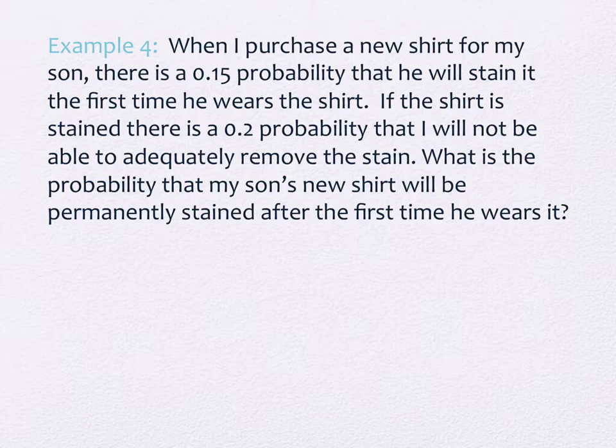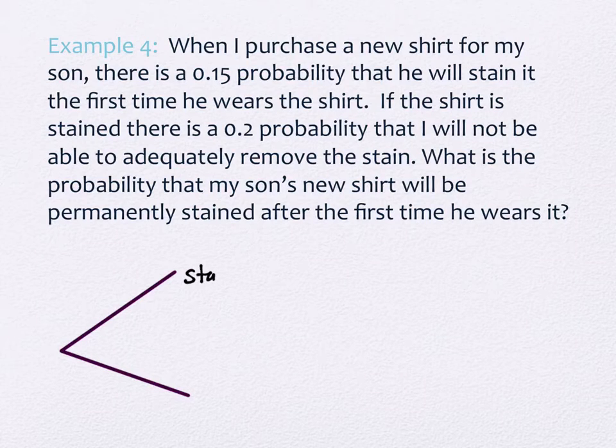Okay, so there's 2 different things that happen here. What's the first thing that happens that I'm comparing? Yeah, did it stain or not? So you can actually write those phrases out. There's a stain or there is no stain. Okay, he wears the shirt. It's either stained or there's no stain.